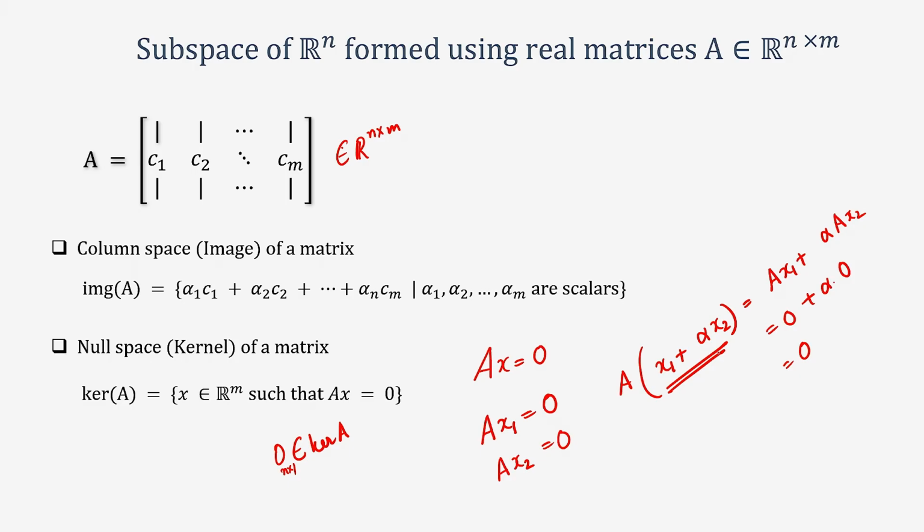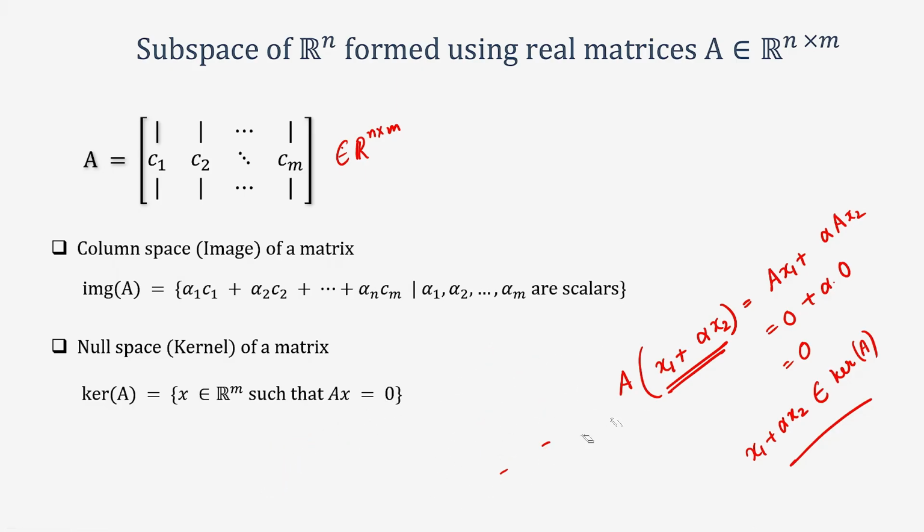That means x1 plus alpha x2 also belongs to kernel of A, right? And this proves the second property, and that is the reason kernel of A is a subspace in this case.